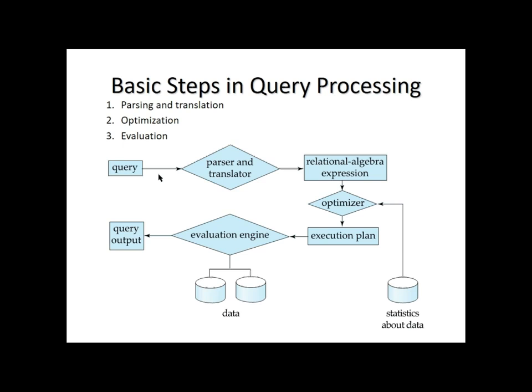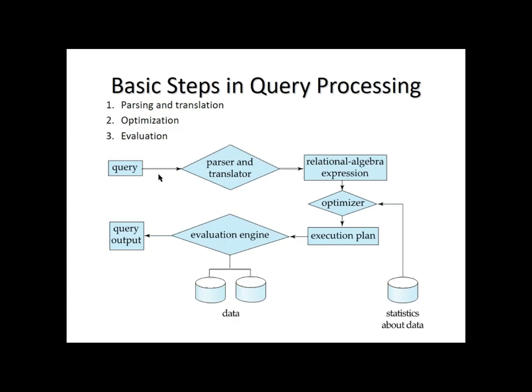The optimizer will identify the best method to execute the query in terms of time, cost, memory utilization, and processing time. It finds which query is the best query to be executed. It does this based on the previous statistics of the data, the volume of the data, and the query being executed.